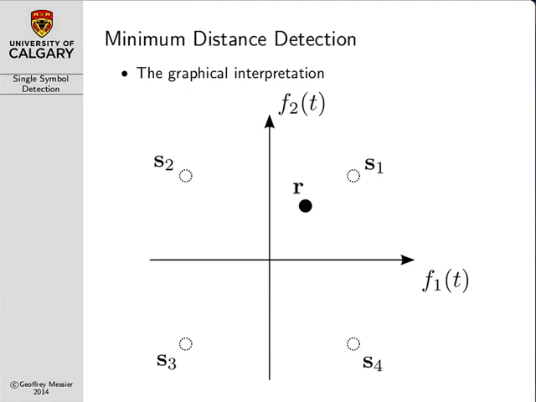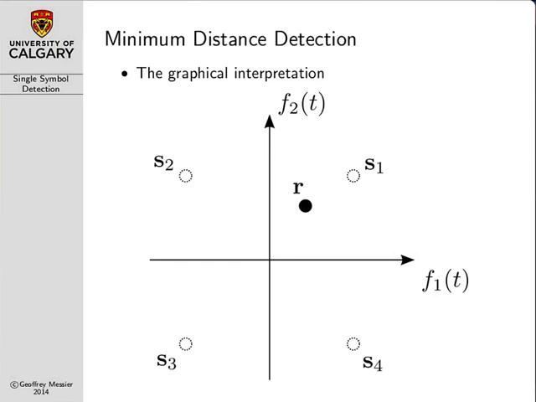Minimum distance detection also has a very nice graphical interpretation. This is the picture that I typically show my undergraduate students when we start off the minimum distance discussion. If you've got a 1, 2, or 3-dimensional received signal vector, you can draw a signal vector diagram.